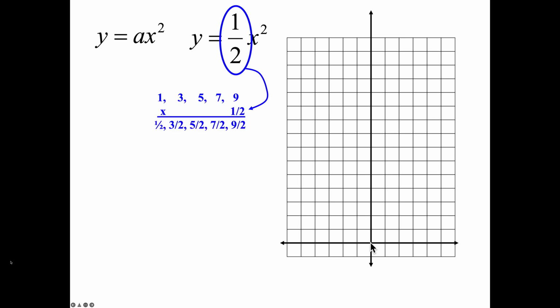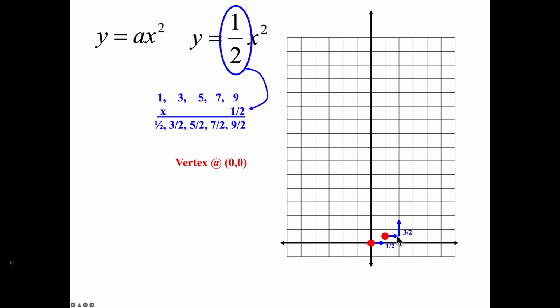Start at the origin, go 1 to the right, up half a square. We can cut squares in half. We can make that estimate. But thirds, fourths, and fifths, now we're getting crazy. From this point, we'll go 1 to the right, up 3 halves.